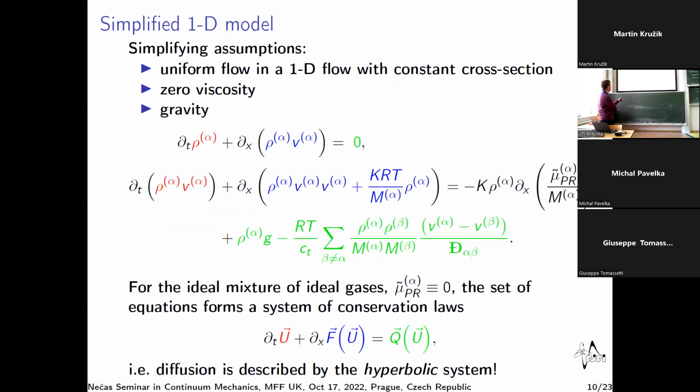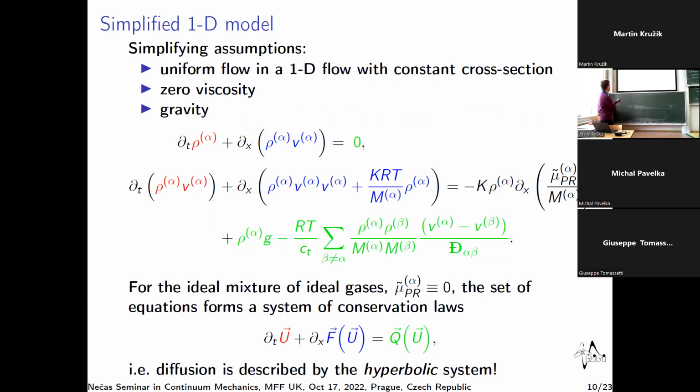And the trick in 1D is that we can take this term and put it inside this divergence. On the right-hand side, as the source, we have just the non-ideal part of the chemical potential. The ideal part is put here. And then we have gravity, and this is the friction term.